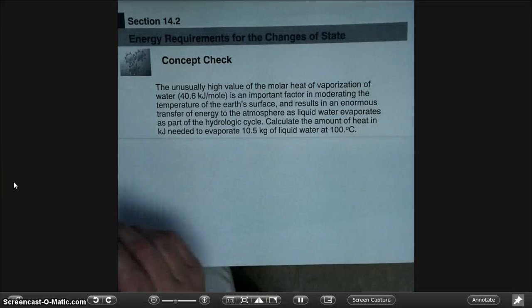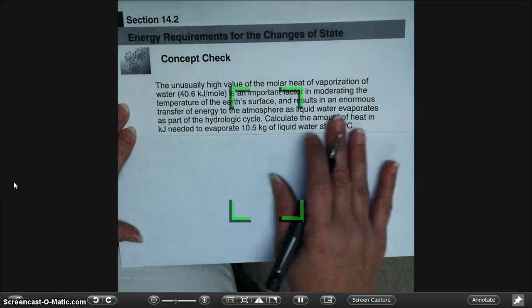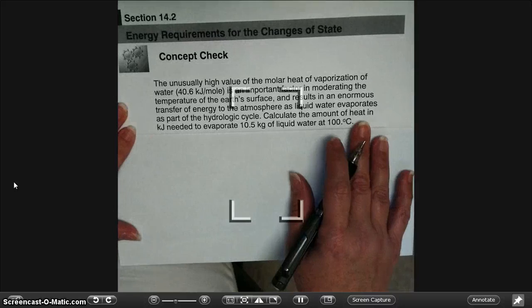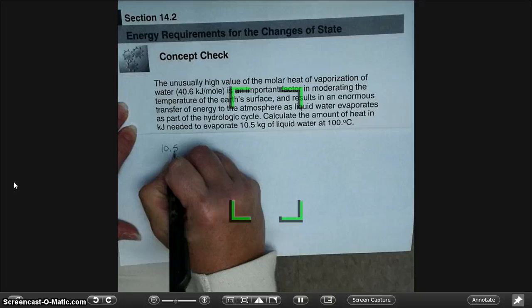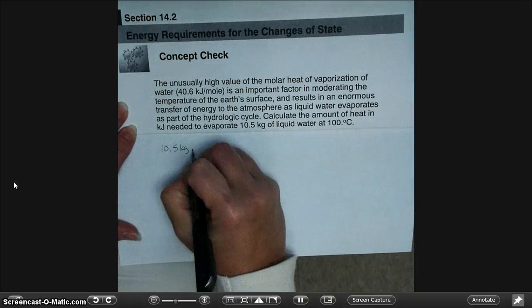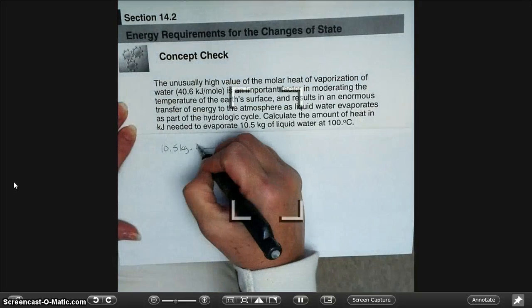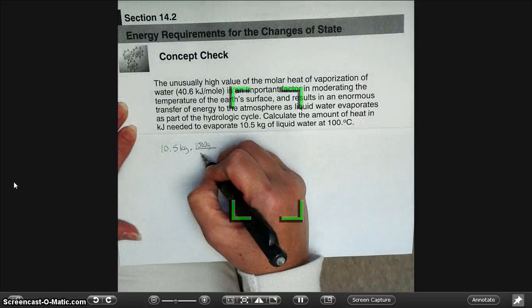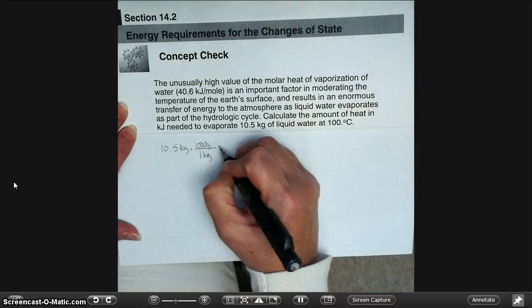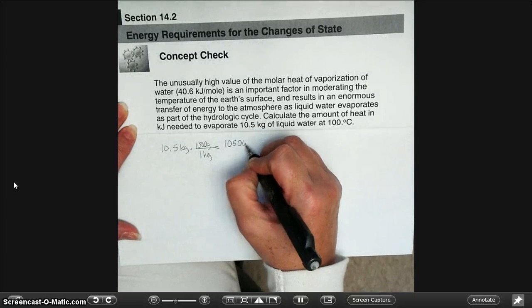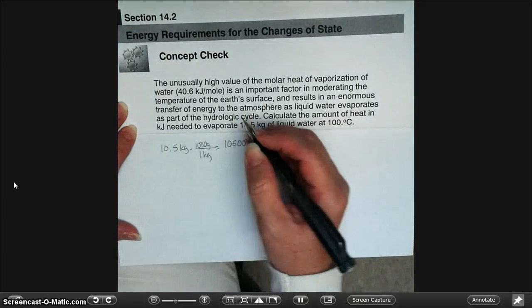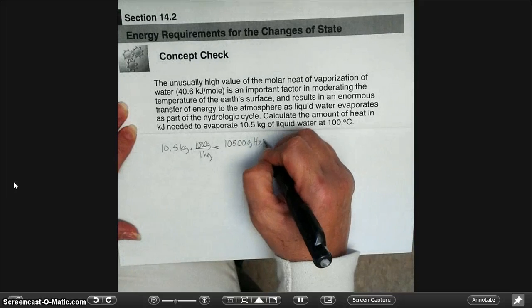All right, so let's see if we can make this work. This is the same problem we were looking at on the previous slide. We have 10.5 kilograms of water, and what we need to do to start off with is change that to grams. So 1 kilogram equals 1,000 grams. So let's move this 3 times: 1, 2, 3, grams of H2O.